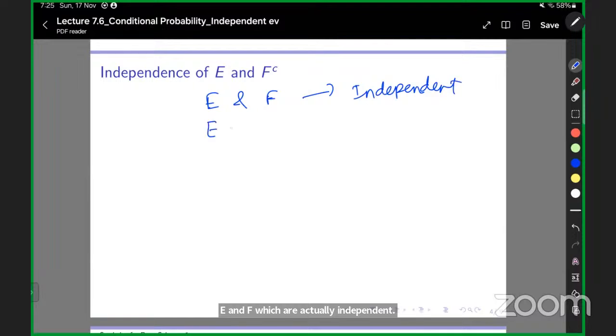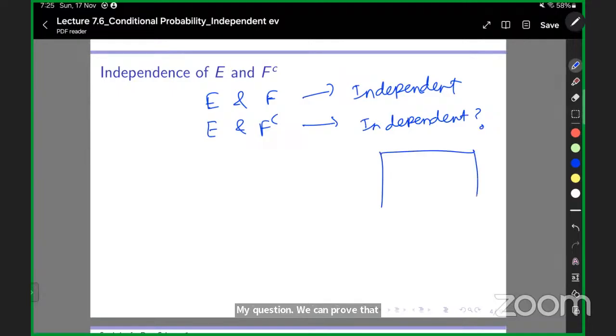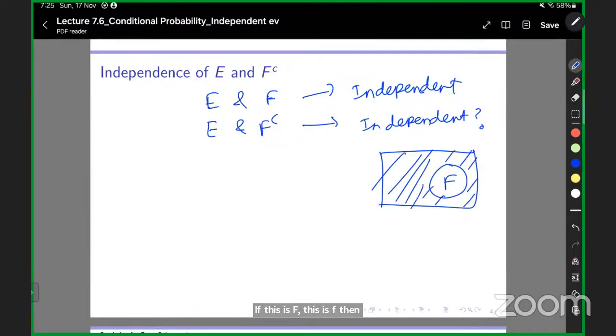Now the question is, are E and F complement independent? So F complement is the opposite of F, right? Are they going to be independent? We can prove that. So if this is F, then whatever is outside of F is F complement. Okay, so everything outside is F complement.